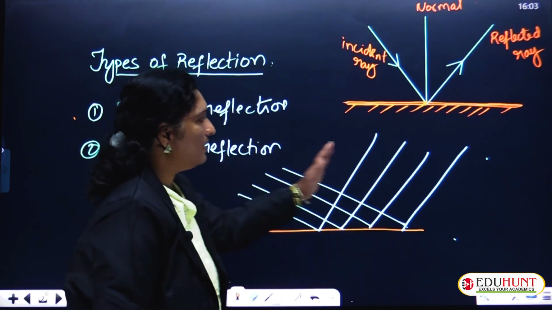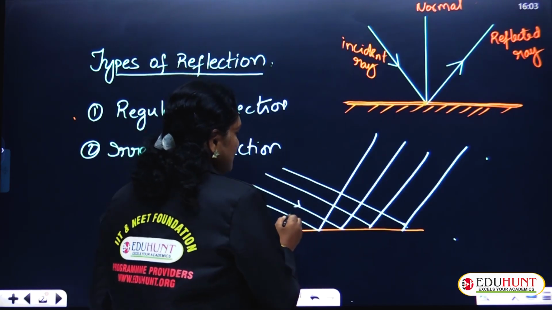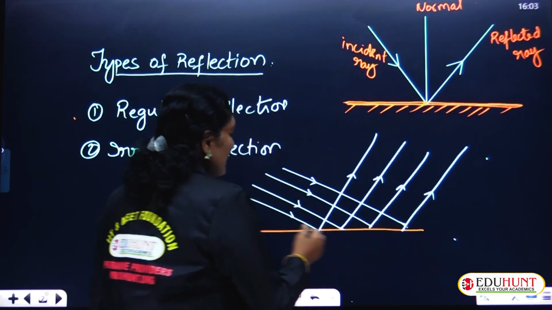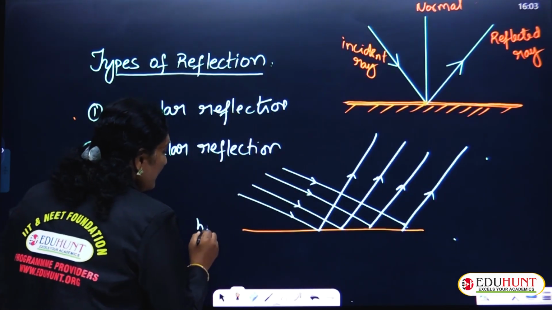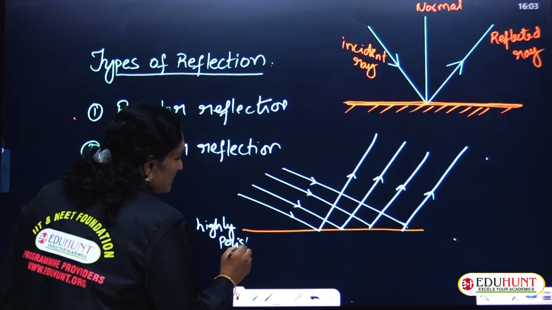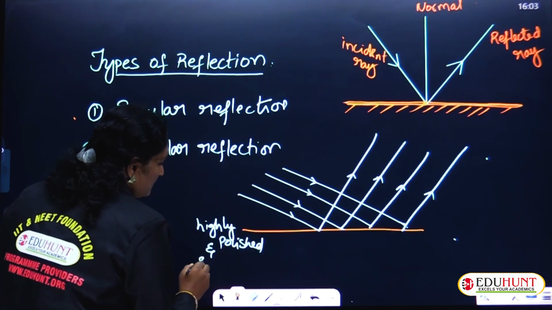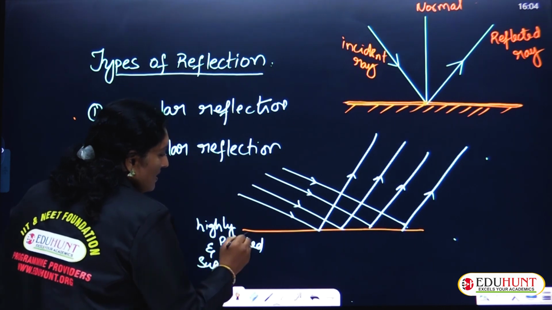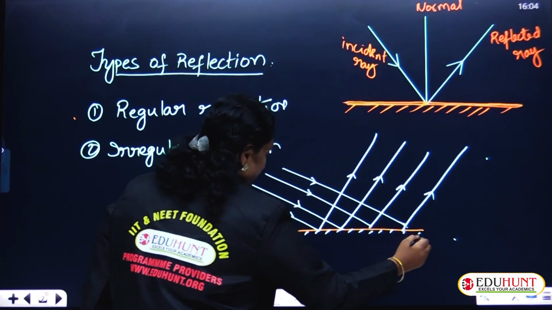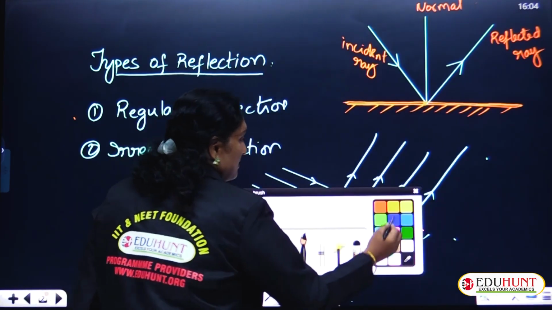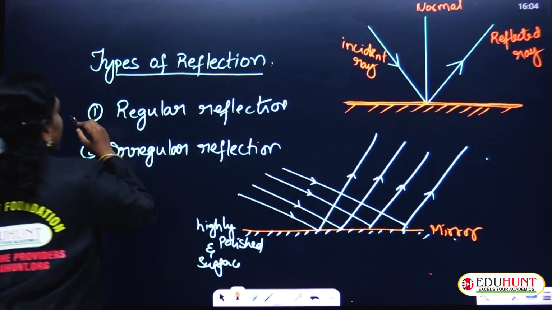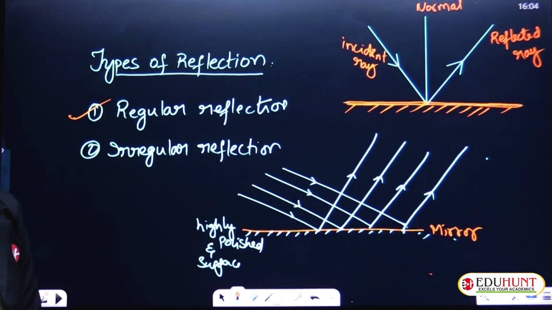So all the lines are parallel to each other. This type of reflection, when the light beam falls on a highly polished and smooth surface like a mirror, is called your regular reflection.